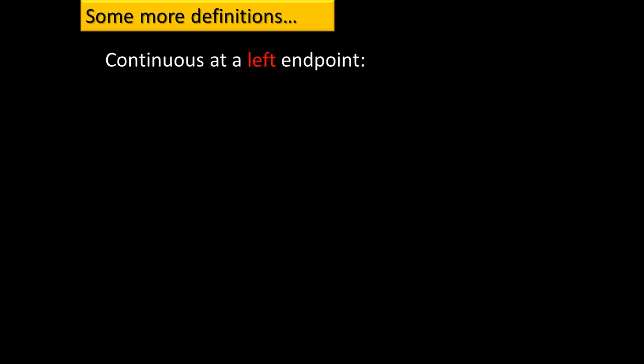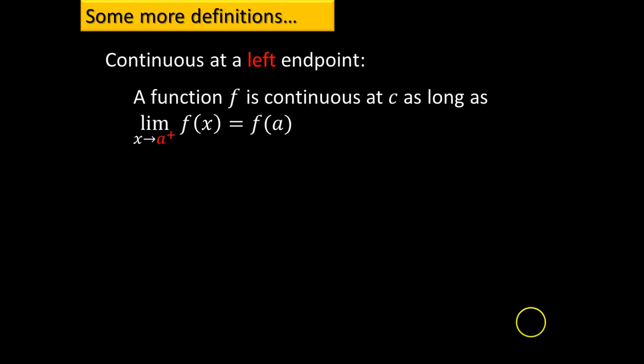Okay, more definitions. We talked about what it means to be continuous at an interior point. Now we're going to talk about endpoints. If we're looking at the left endpoint of an interval, a function would be continuous at a left endpoint as long as we approach that endpoint from the right. We would need that limit to equal f of a.